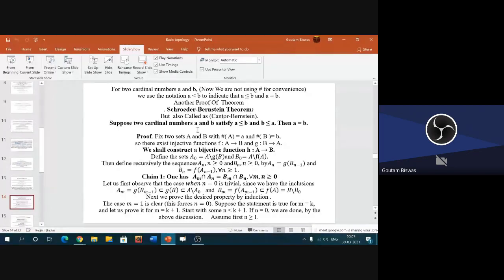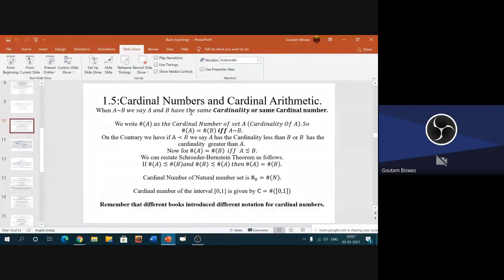If you like, in the examination, I don't know in which form it will come, but you have to write it. If it comes in terms of cardinality, you use this theorem, this proof. So now I am starting cardinal numbers and cardinal arithmetic.